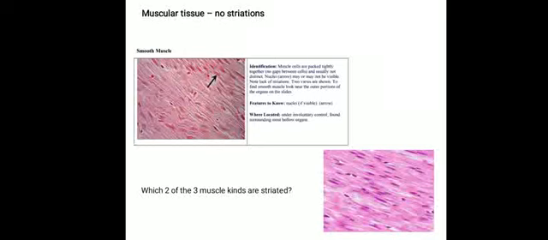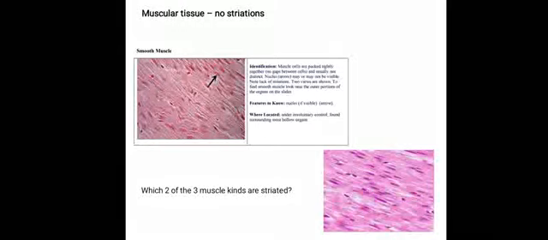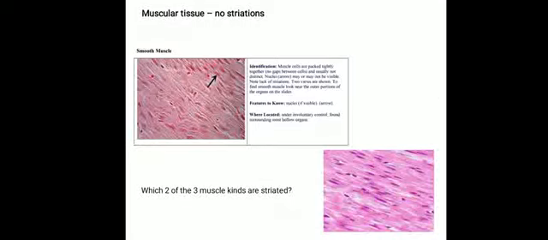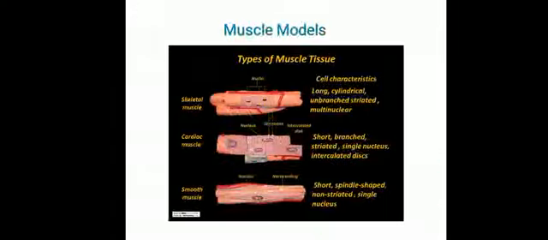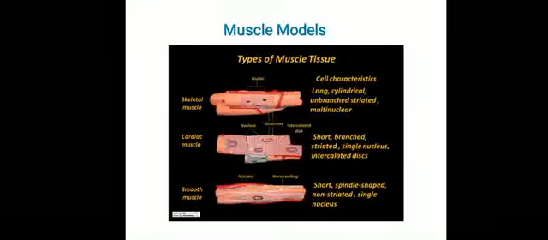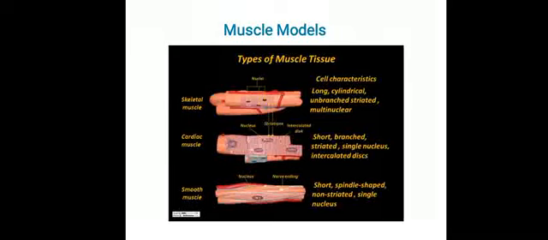I said earlier that one is thick, the other one is faint. One is well defined, the other one is just across the fiber. So the two types of the three muscle kinds that are striated are the skeletal muscle, and the second one is the cardiac muscle. So this is how they are.